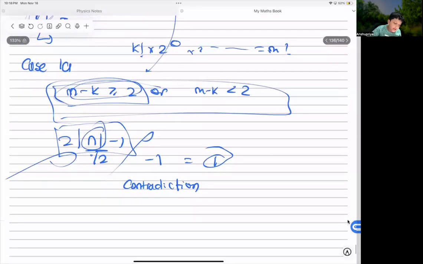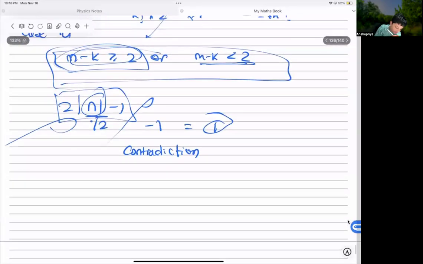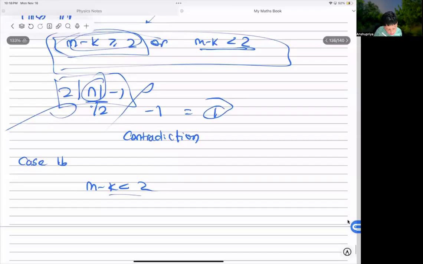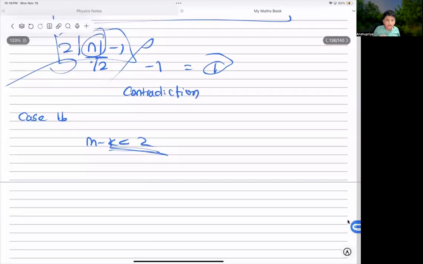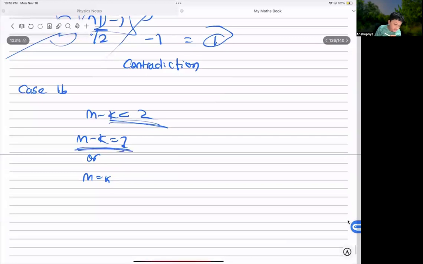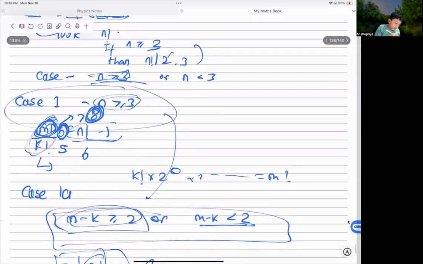Understood, everyone? Then we have 1b, that m minus k is less than 2. So guys, if it's less than 2, then there are only two cases: m minus k is equal to 1, or m is equal to k. If m minus k is equal to 1, we can put it here.